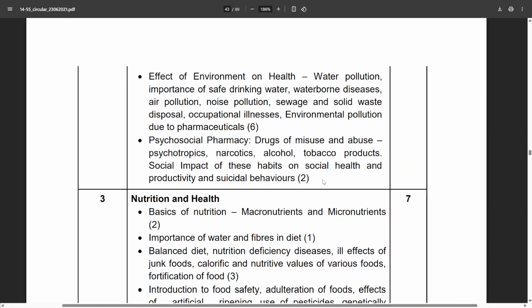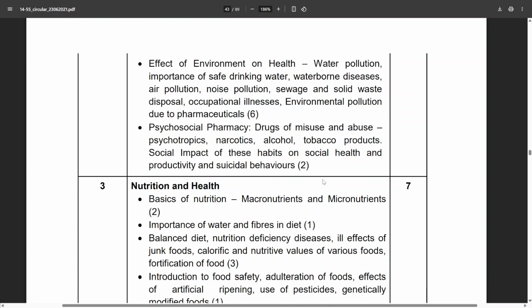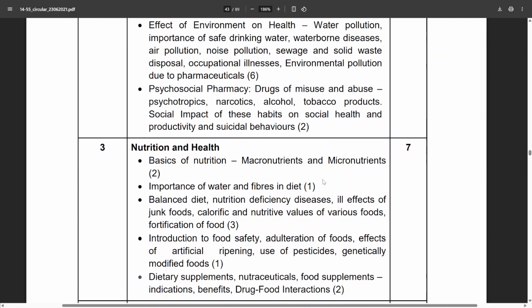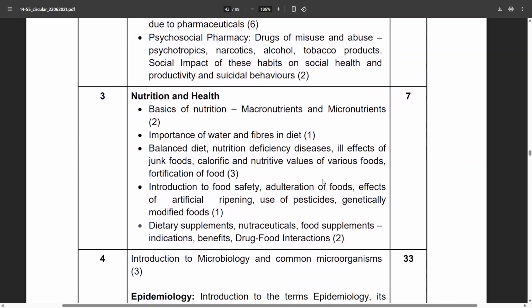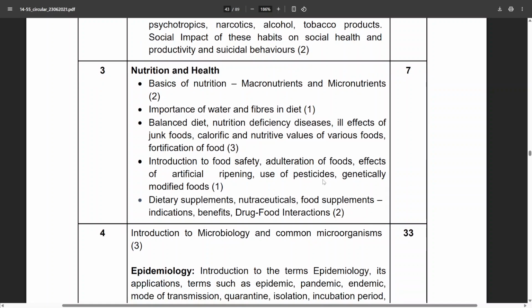Psychosocial pharmacy: drugs of misuse and abuse, psychotropics, narcotics, alcohol, tobacco products, social impacts of these habits on social health and productivity and societal behaviors.